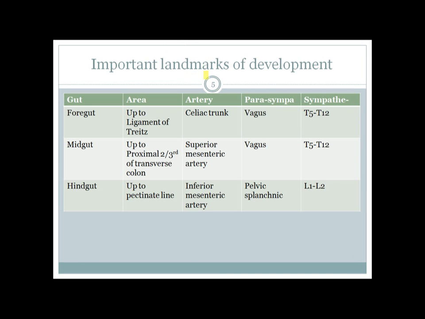Okay, so this shows the important landmarks of development. So the divisions of the foregut, midgut and hindgut actually is very specific. So foregut is from esophagus up to something called ligament of Treitz, which is present in the second part of the duodenum, and after ligament of Treitz you start with midgut, and which is up to the proximal 2/3 of the transverse colon.